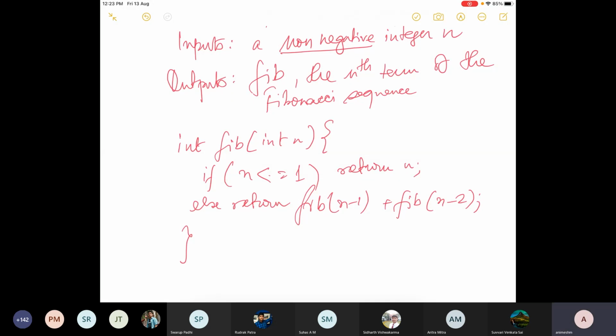A recursive version of generating the Fibonacci sequence.